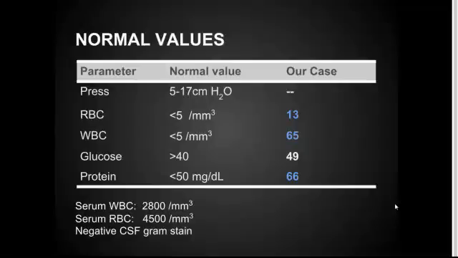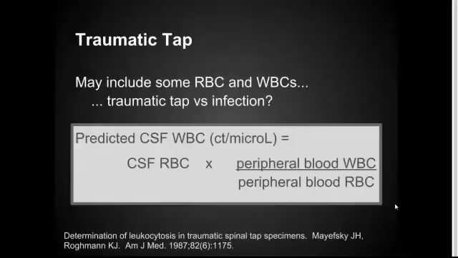So I just wanted to talk for a second about traumatic tap and looking at these results. We're trying to figure out if these white blood cells that we're seeing come from an inflammatory response, such as infection, or if it's from the traumatic tap itself. There's this formula that you can use. Essentially, you're just comparing the ratio of white blood cells to red blood cells in the serum to the white to red blood cells in the CSF.